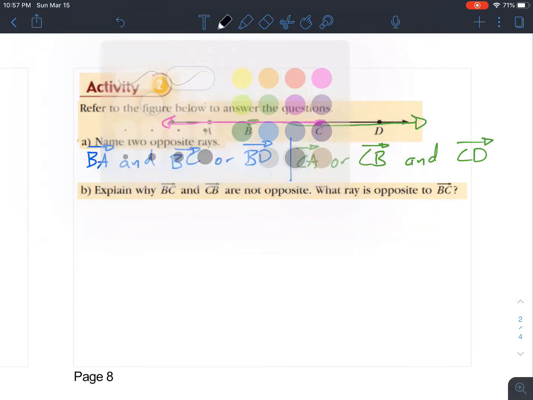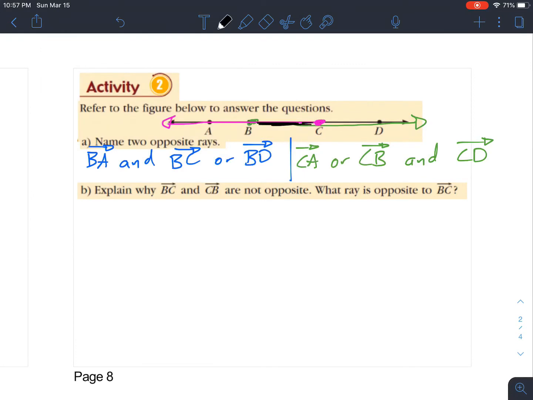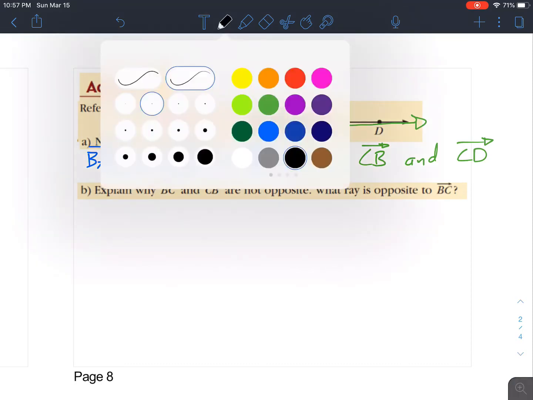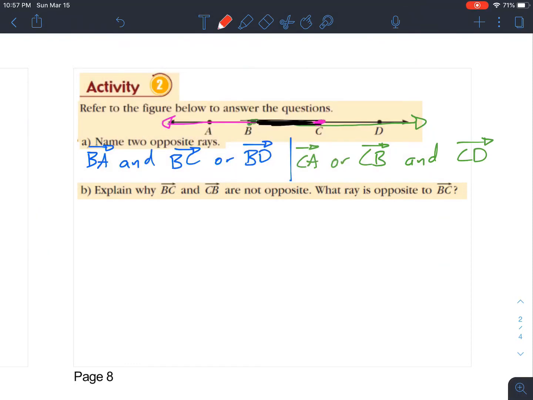And the issue that we have is that our two rays overlap right there for BC. So what we could say, for the reason why they are not opposite, is that BC and CB do not share an endpoint. So they overlap, or you could say they do not share an endpoint.